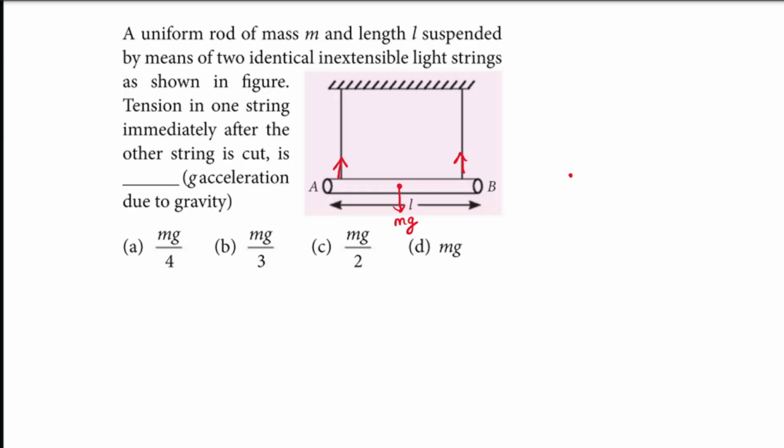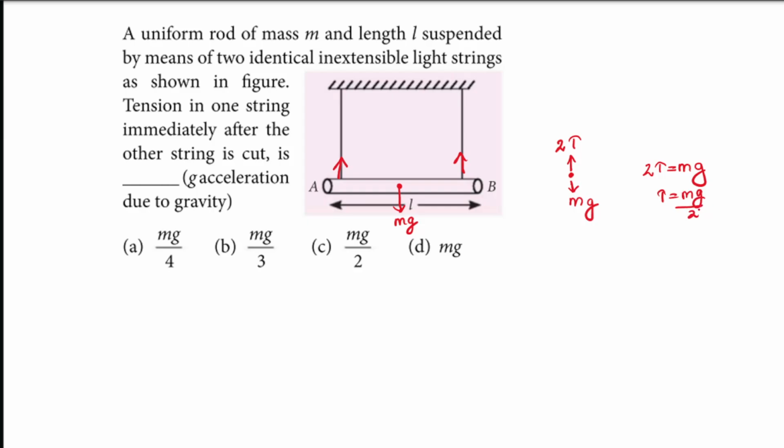If you draw the free body diagram of this rod, you will see that there are two forces acting in the upward direction. Assuming the tension in both the strings is the same, we can say two times the tension in the upward direction, and there is the weight acting in the downward direction, which is mg. Since the rod is not moving, the forces are perfectly balanced, or 2T is equal to mg, or T is equal to mg by 2.